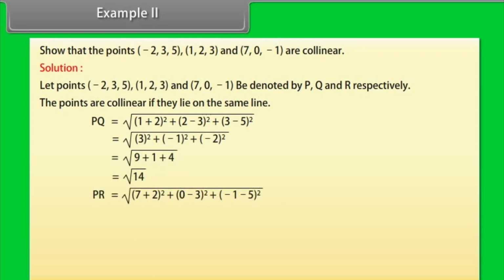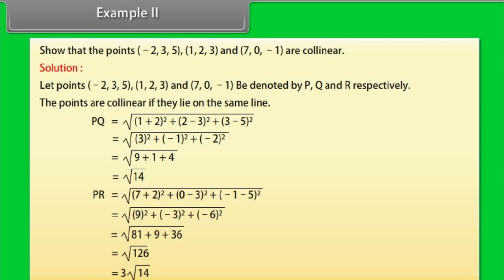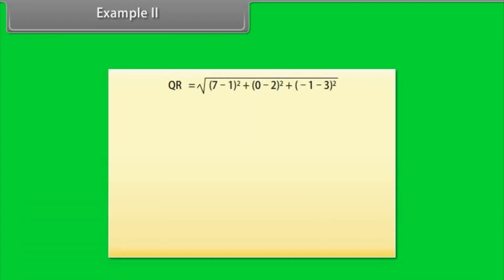PR is equal to square root of (7 plus 2) square plus (0 minus 3) square plus (-1 minus 5) square. After calculating PR, we get 3 into square root of 14. QR is equal to square root of (7 minus 1) square plus (0 minus 2) square plus (-1 minus 3) square.